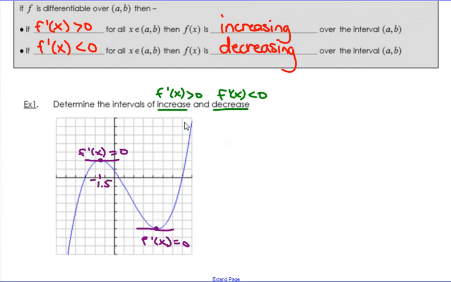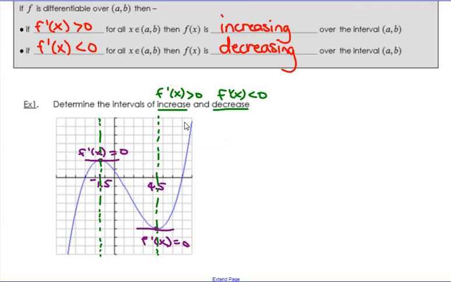And then your second peak has maybe a 4.5 x value. These two numbers are pretty important. They divide up your graph into certain regions. Okay, so let's reiterate. At exactly those x values, your slope is 0. But to the left or to the right of those x values, you have an increase or decrease.